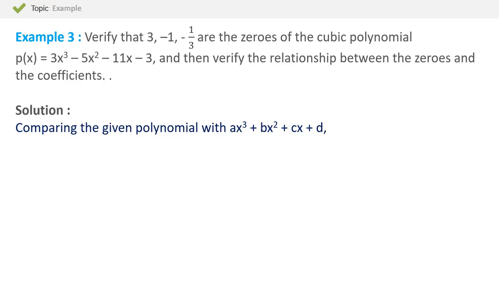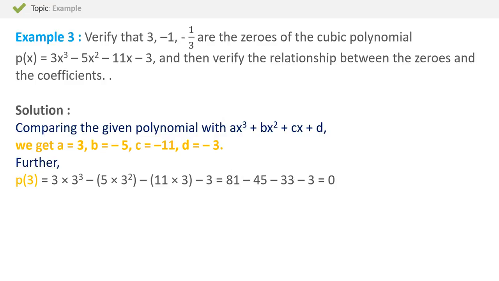So we have the cubic polynomial as ax cube plus bx square plus cx plus d, and if I compare this cubic polynomial with the polynomial given, what we get is a equal to 3, b equal to minus 5, c equal to minus 11, and d is equal to minus 3.